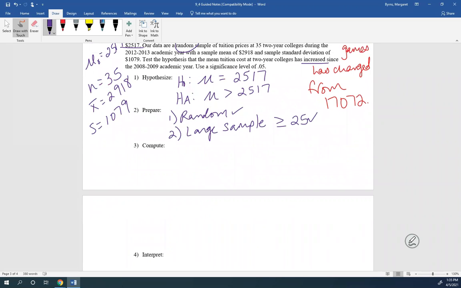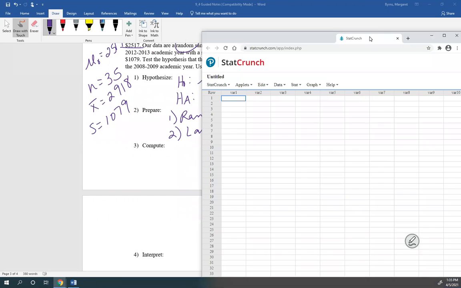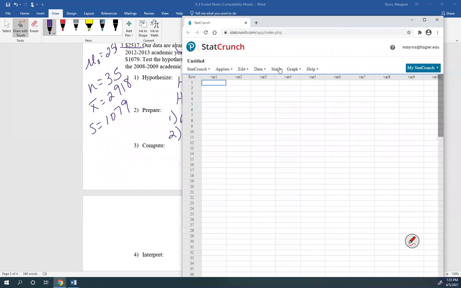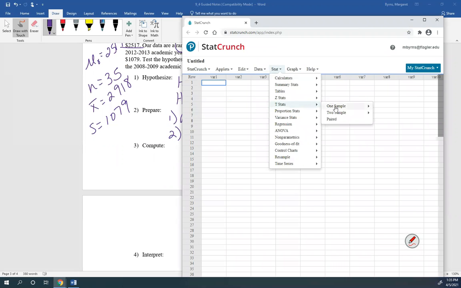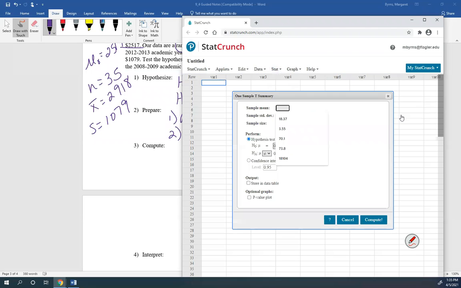I didn't put a screenshot here, so I'm going to go ahead and get this information from StatCrunch. All right, so here it is. We're going to go Stat, T Stat, One Sample, With Summary. All right, so my sample mean was 2918, so that's X bar. My sample standard deviation was 1,079.